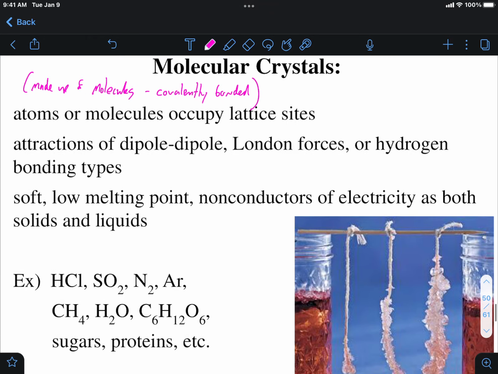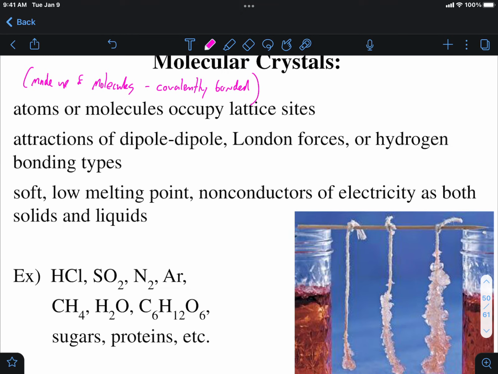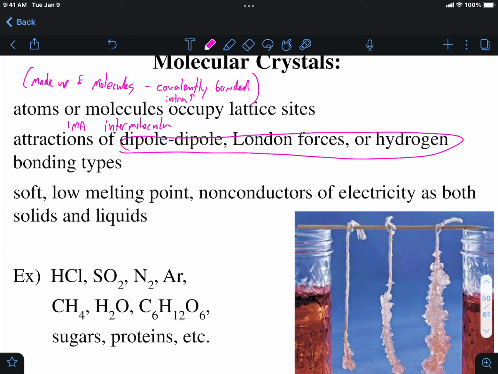So in other words, the intramolecular forces are covalent bonds. But what actually holds the solid together are the IMAs, the intermolecular attractions: dipole-dipole, London forces, hydrogen bonding.